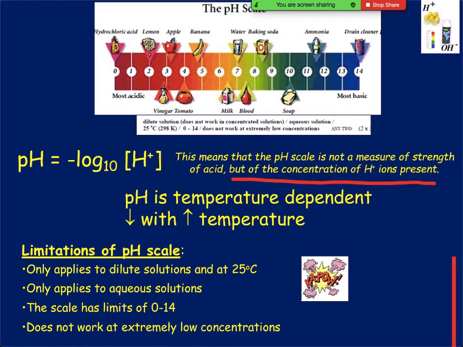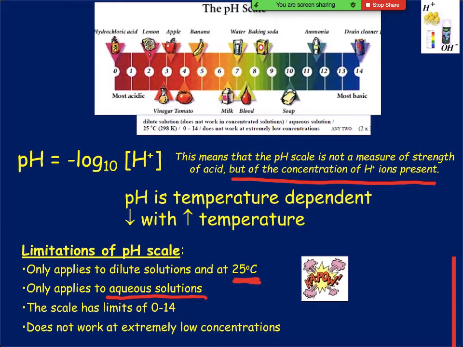There are limitations to the pH scale. So we totally ignore them in school, or even if you go into undergrad labs in university. You can only measure the pH of something that is dilute, and it has to be at 25 degrees Celsius. The pH scale only works on an aqueous solution, so you have to have water present.